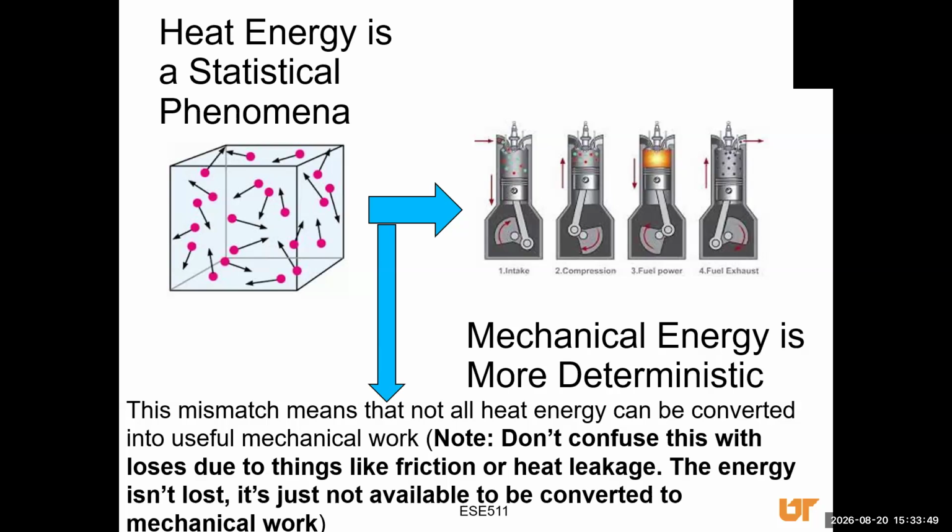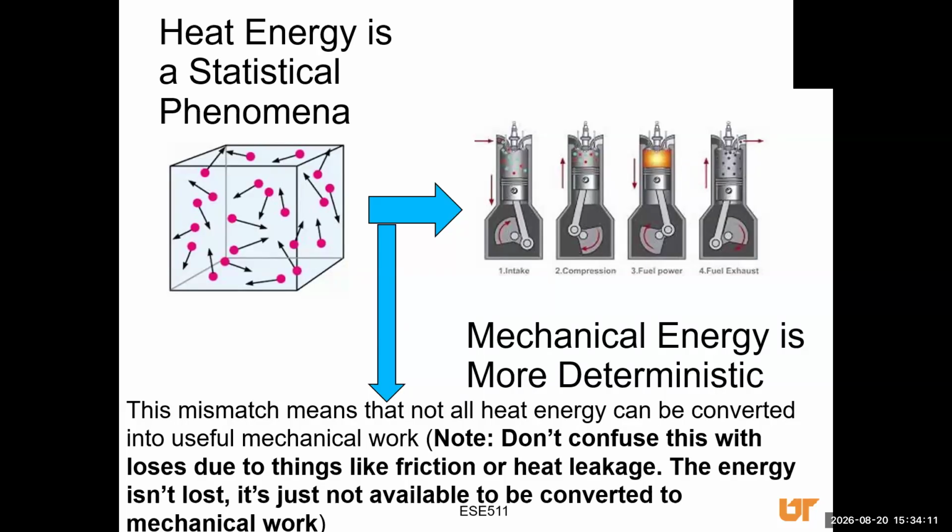Now, remember the thing I told you not to get confused about. Don't confuse this fact that I can't convert all of that heat energy perfectly into mechanical energy with losses due to things like friction or heat leakage. This energy isn't lost. It's just not available to be converted to mechanical work.